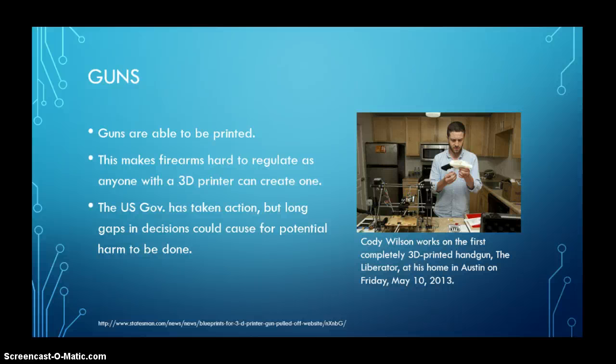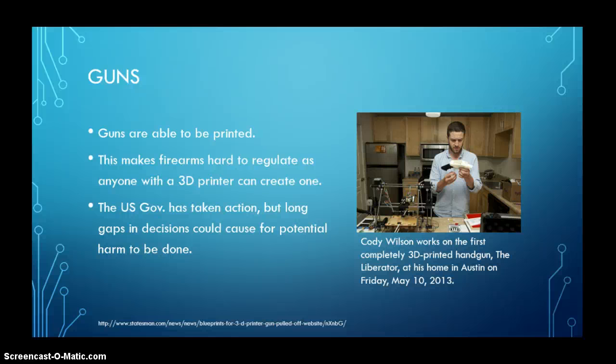3D printers are able to produce firearms, and since anyone potentially can own a 3D printer, that means anyone can create one. This is semi a bad thing, and as this slide states, this guy Cody Wilson was kind of the first to pioneer the 3D printed handgun, and he was asked by the U.S. government to take his blueprint off the website because of the potential harm that could be done.